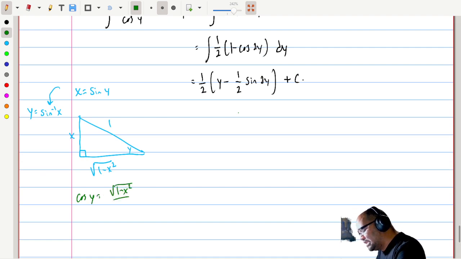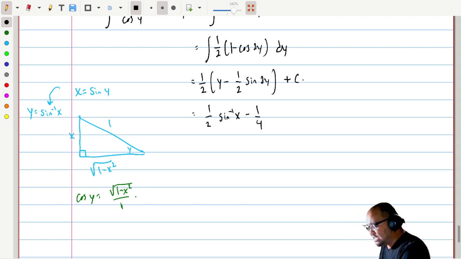Square root 1 minus x squared over 1. So now when I plug everything back in, 1/2 y is 1/2 arc sine x, minus 1/4 of sine 2y. So 2 sine of y is x, cosine of y is square root 1 minus x squared.